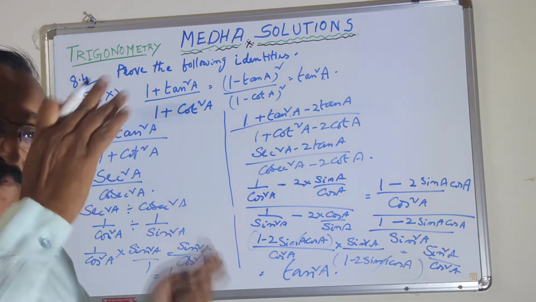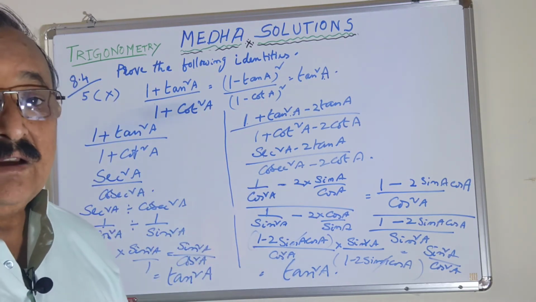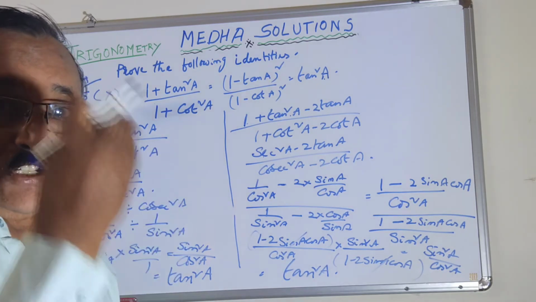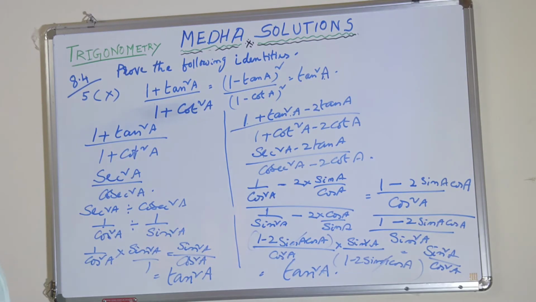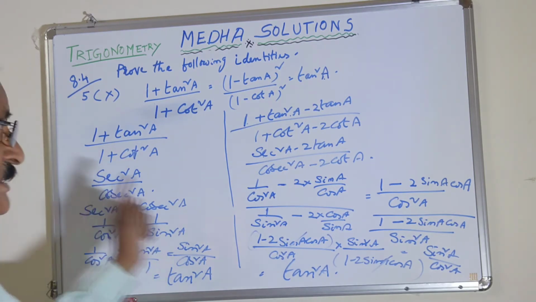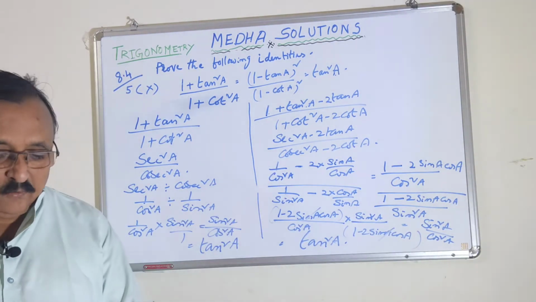There are so many ways to solve these sums, but which is the shortest way, you have to think and plan. According to the plan, within 3 to 4 minutes the entire sum will be completed. Now for another sum.